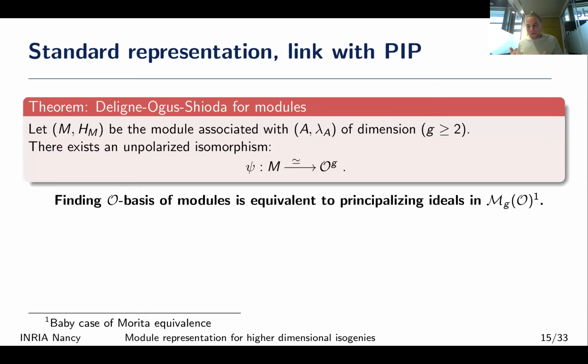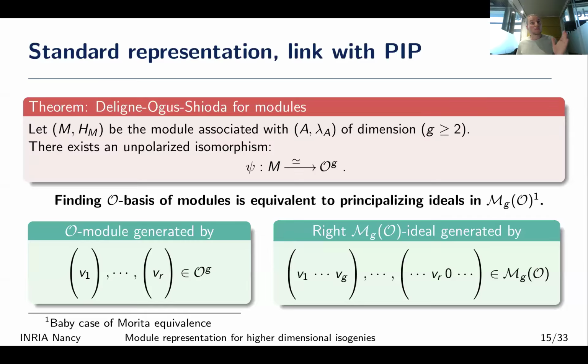What we know by linear algebra is that when we look at the module over O which is generated by some column vectors like this in O to the G, with G coordinates, we end up with the same elements that we have in the module generated by the columns that appear in the right ideal generated by those matrices. You can see here, sorry, where we just glue together the columns that we have.